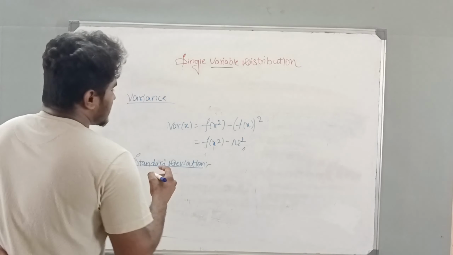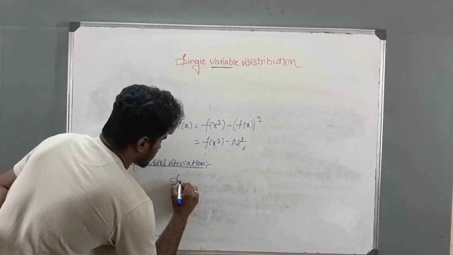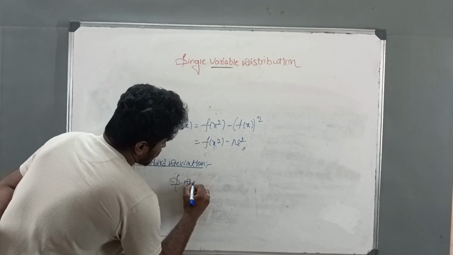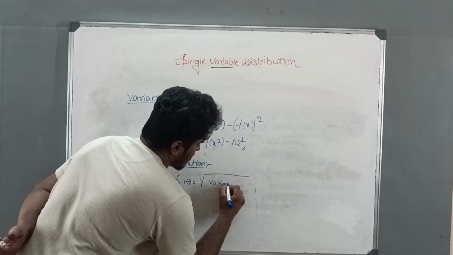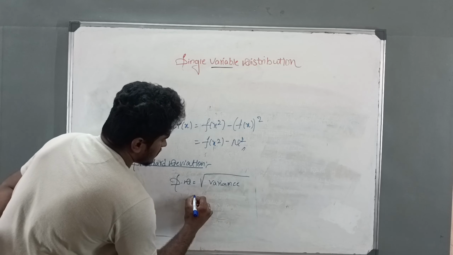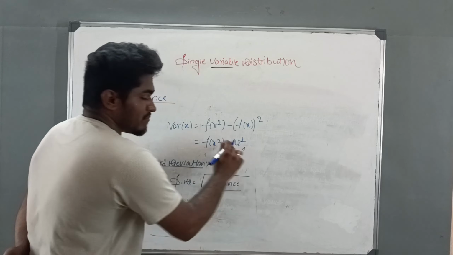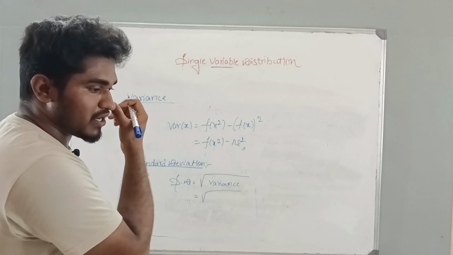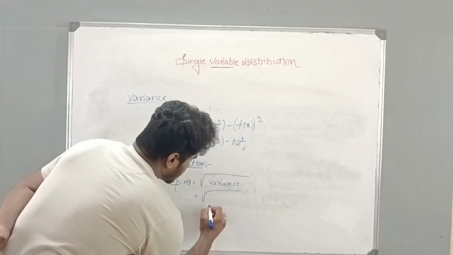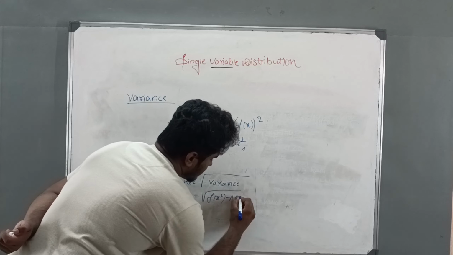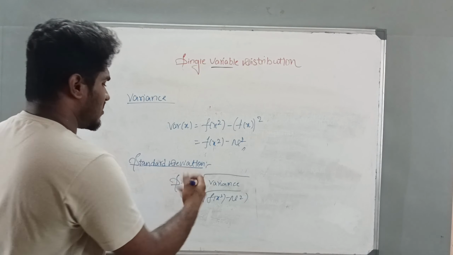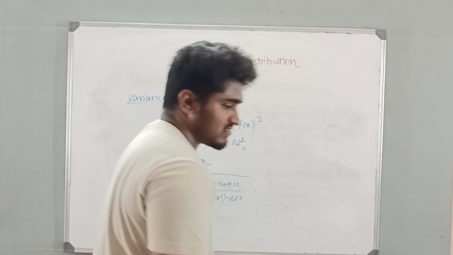Standard deviation is going to be the square root of the variance. Here we have computed x square minus mu square, so it might be the expected value as well.